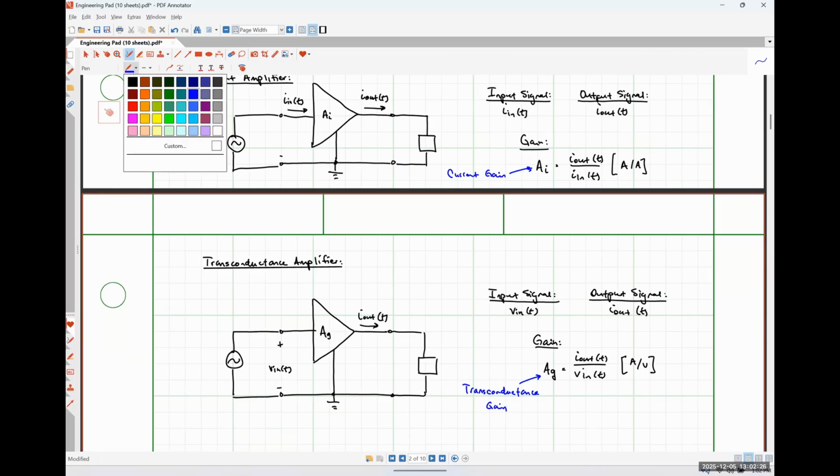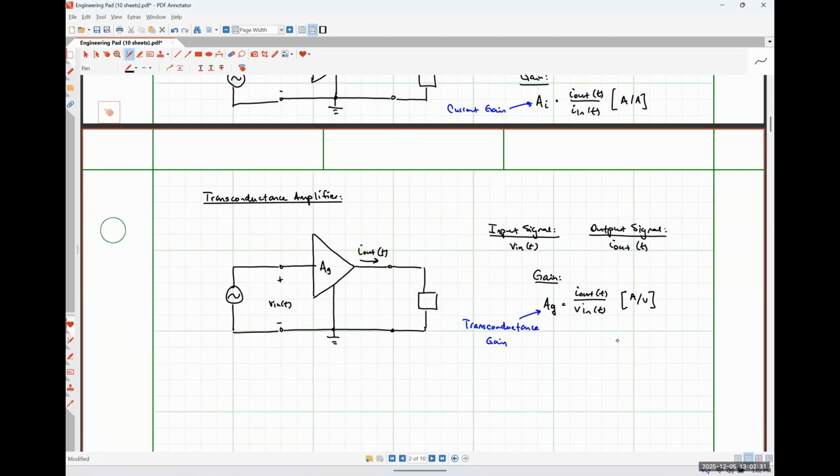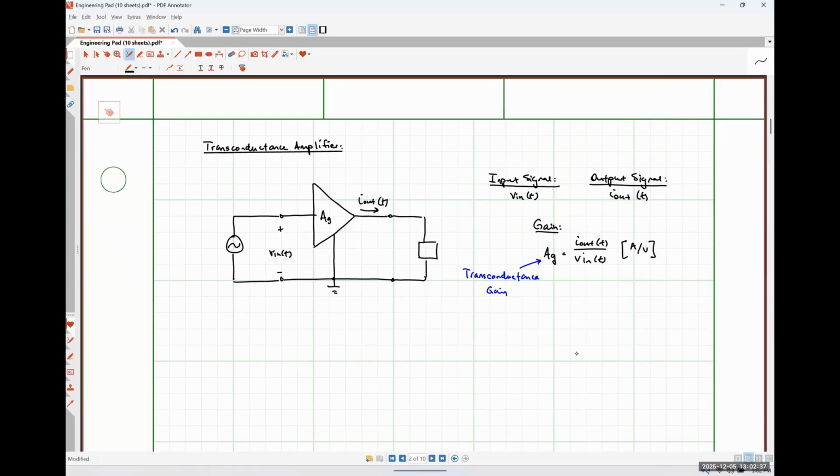And then lastly, we have our trans resistance or trans impedance amplifier. Those two terms are used interchangeably. I'm just going to call this guy a trans resistance amplifier. In a trans resistance amplifier, our input signal is a current and our output signal is a voltage.